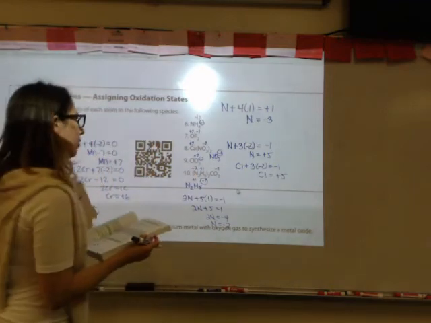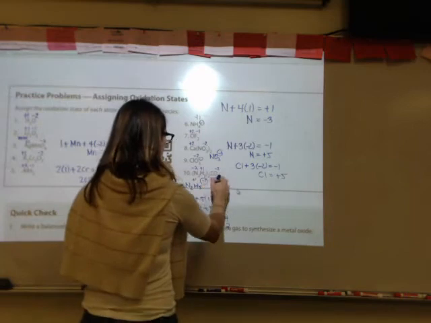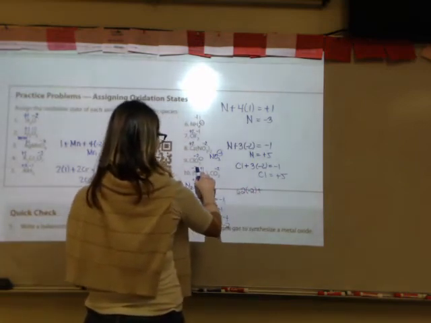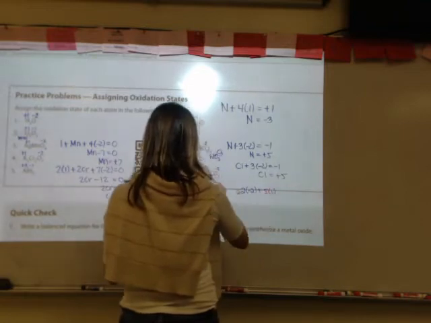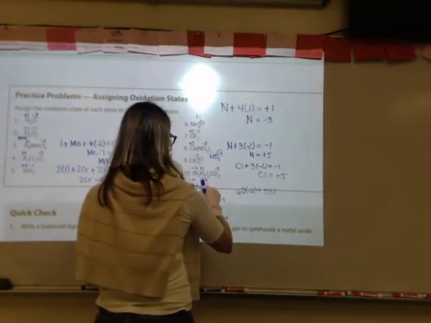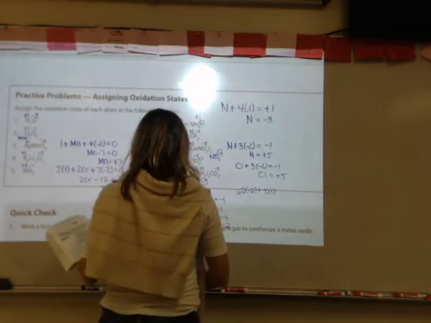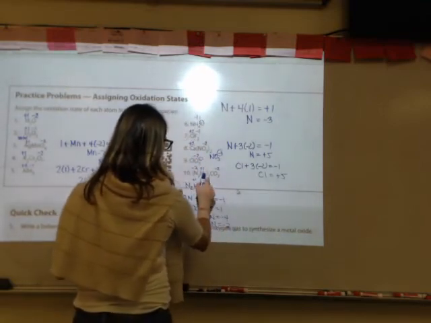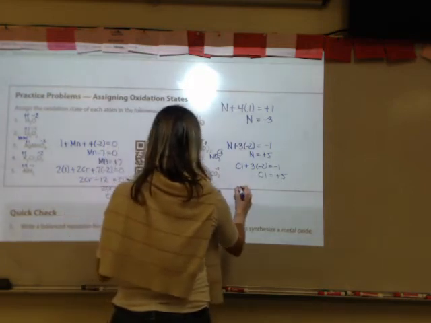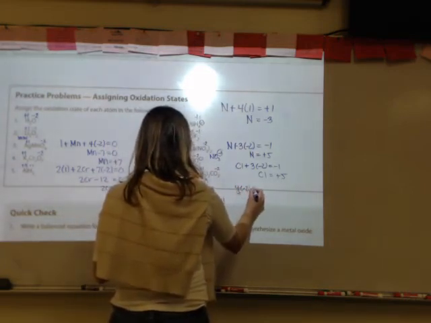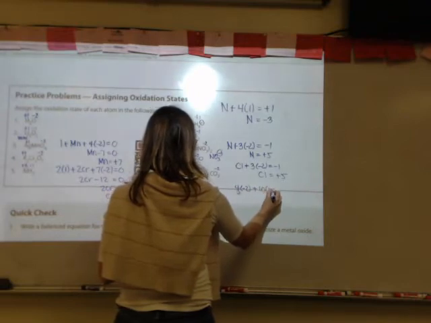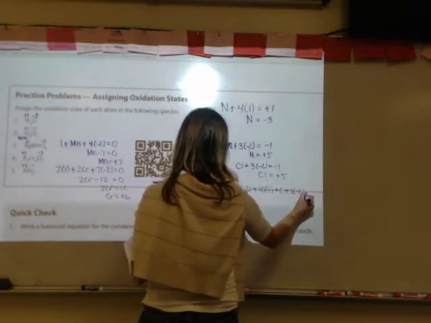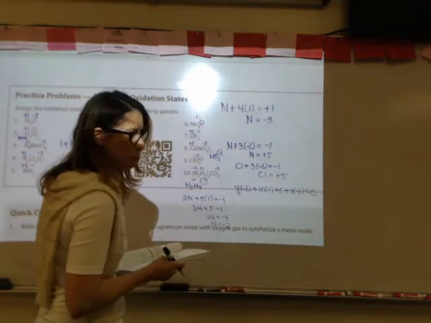Okay? Now I have to calculate carbon. If I have 2 nitrogen at a -2 plus 5 hydrogen at a +1, and then I've got more than that, actually. I have 4 nitrogen at a -2 plus 10 hydrogen at a +1 plus carbon plus 3 oxygens at a -2 add up to 0 because that's a neutral compound.